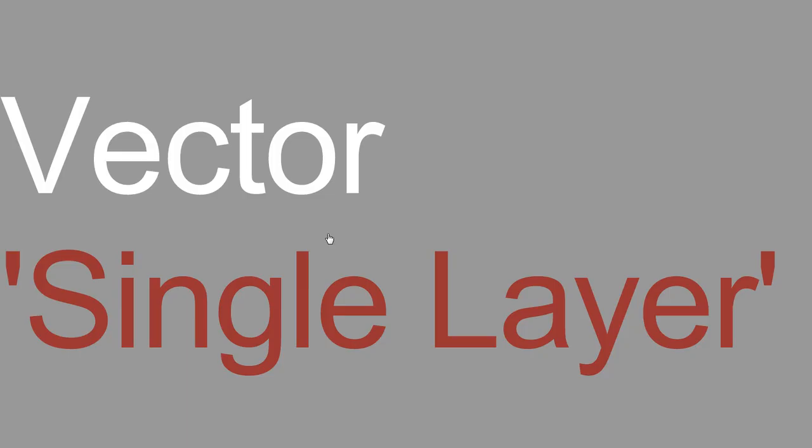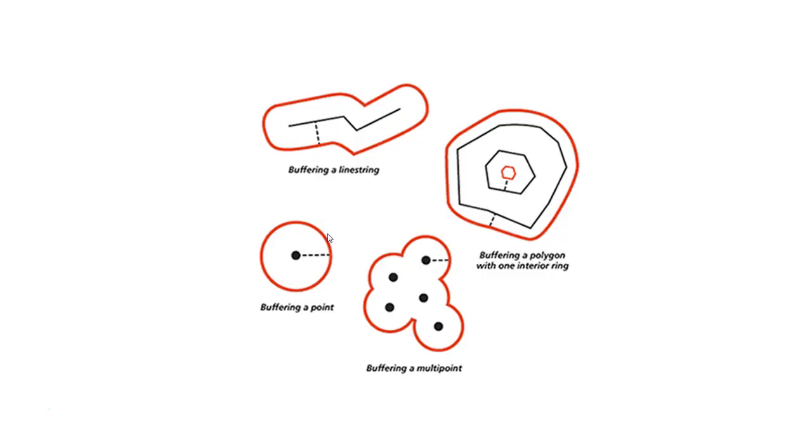We're going to talk about single layer versus multiple layer formats or processing. So with a single layer, in vector, we're usually buffering on features. And the input can be a line, a polygon, or points, or just one point.